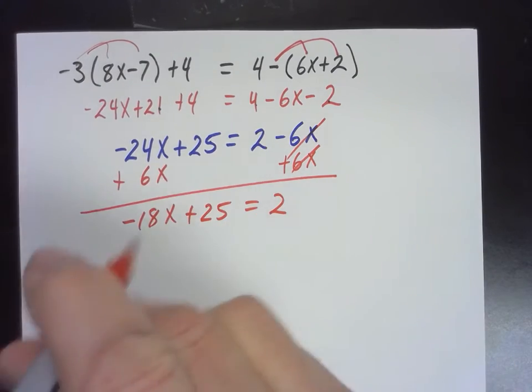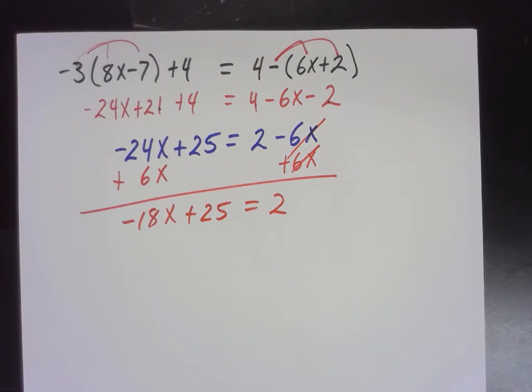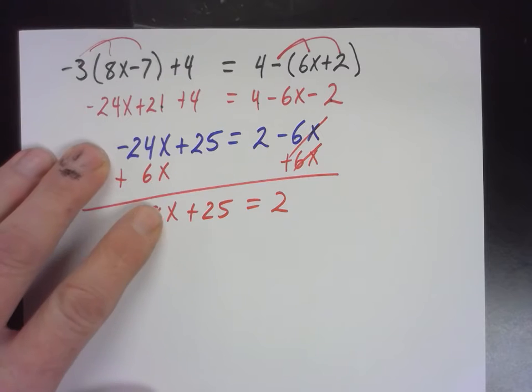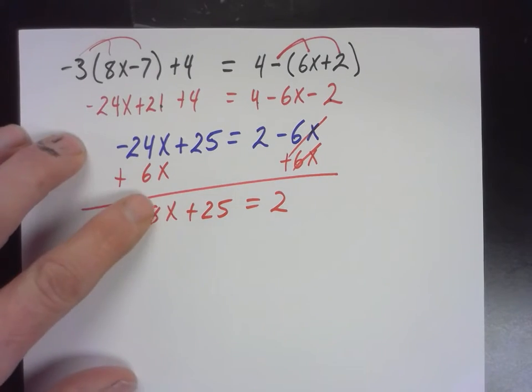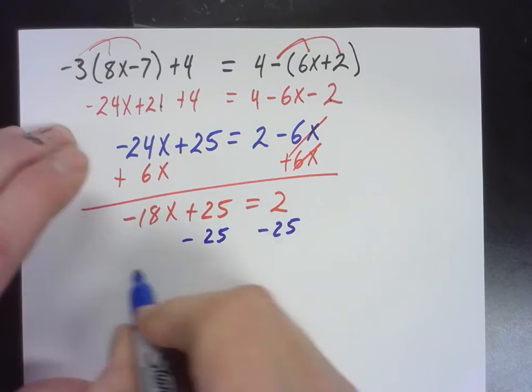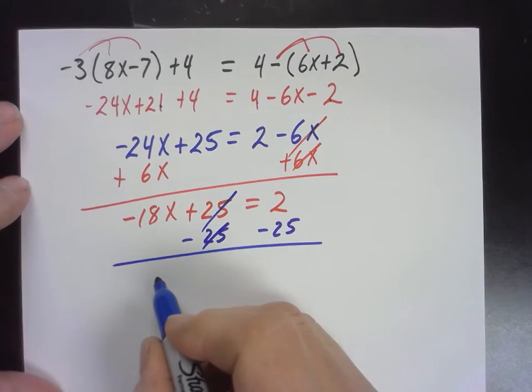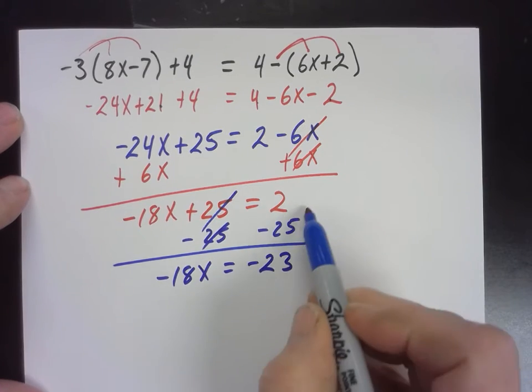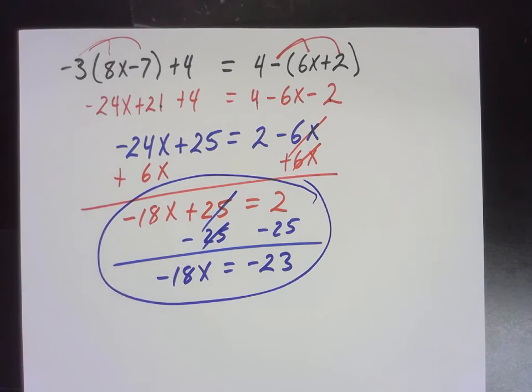Now this is really where we are today. Now I'm making them easier. The coefficient's not always a 1 right here, but this is what we're doing today. We're subtracting 25 from both sides, so these add up to 0. That right there is what we're doing.